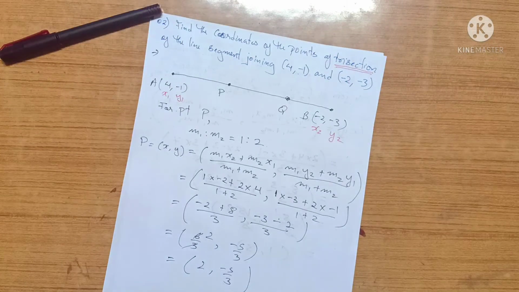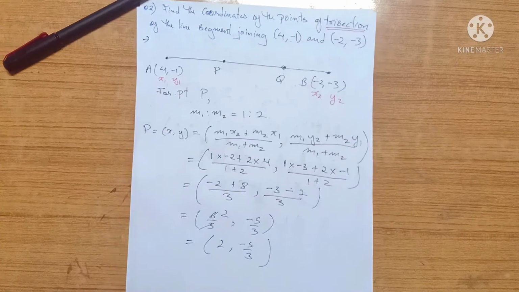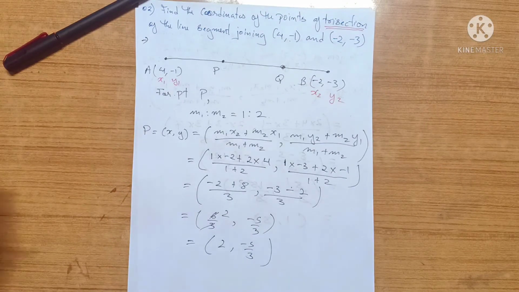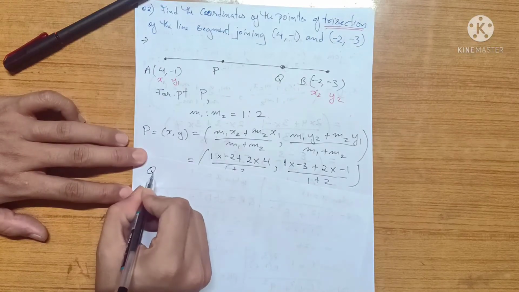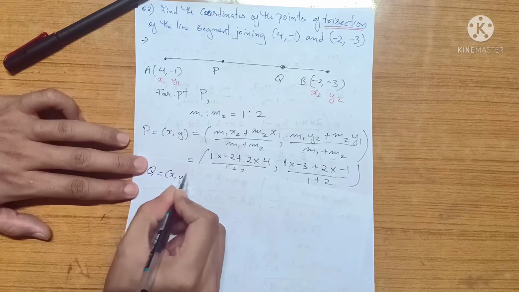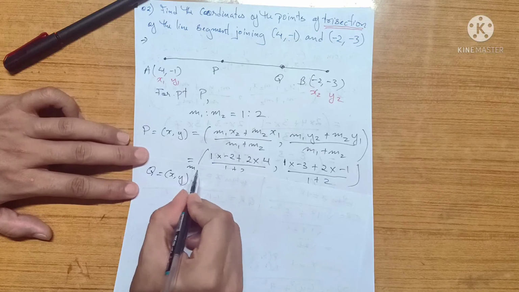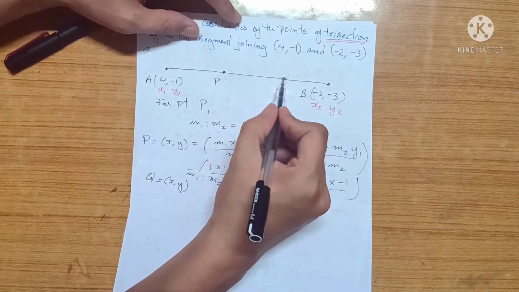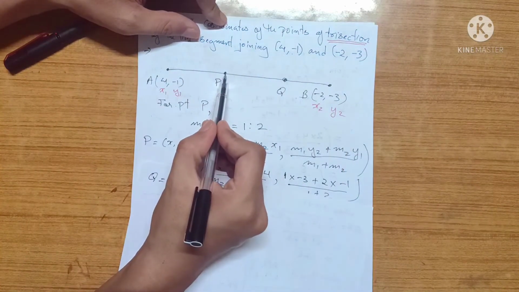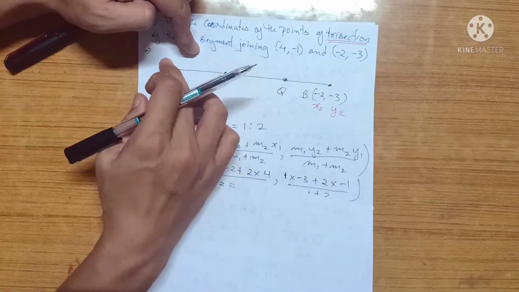So that's just one part of the question. We should be doing it for point Q as well. So let's do it for point Q. For point Q, M1 and M2 will be what? For point P, we took the perspective of going from this side.